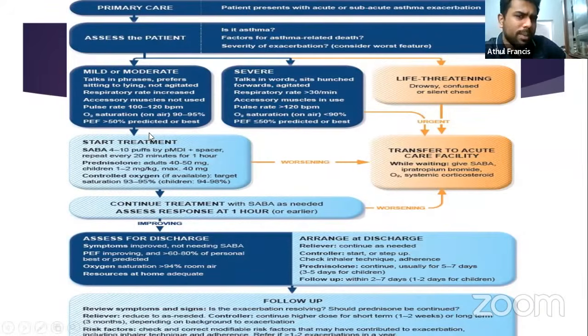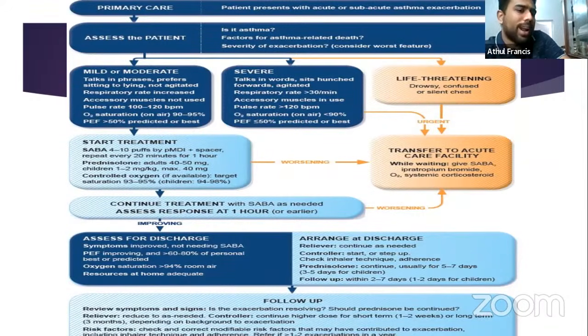If it's a mild or moderate exacerbation, what do you give? You start with the SABA, that's your basic salbutamol. Inhaler and nebulization have equal efficacy, so 4 to 10 puffs from a pMDI with spacer. Give prednisolone. Oral steroid is as useful or even more useful than IV steroids, according to GINA.